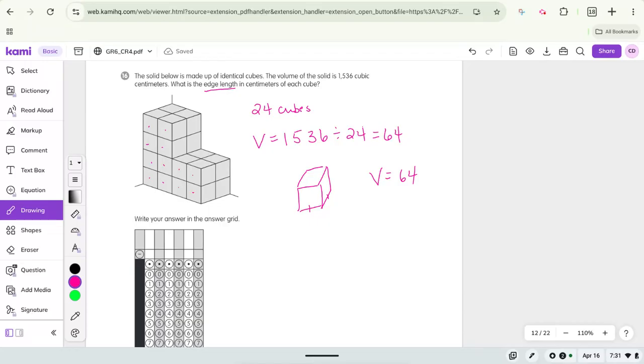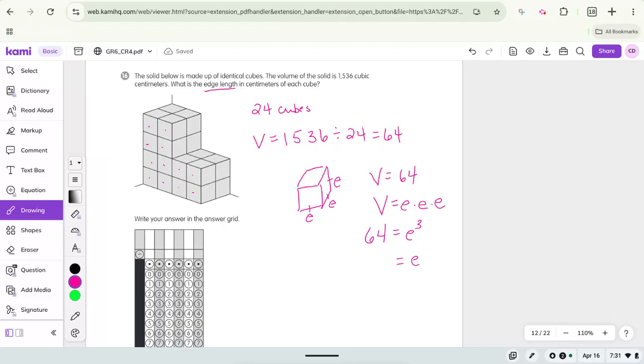So we have these edges, I'll just call them E here. And I know that since a cube is a type of rectangular prism, I'll just do length times width times height to get the volume. So 64 is the edge cubed.